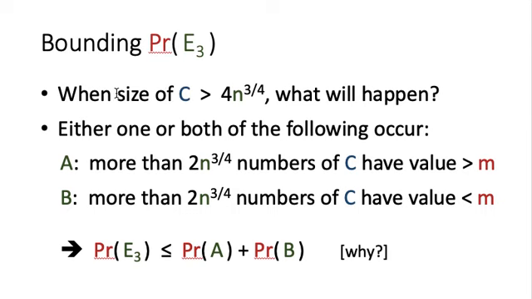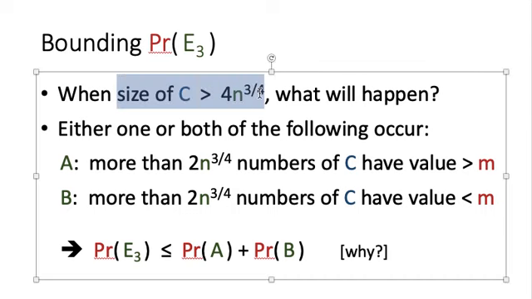Suppose that the size of C is greater than 4n to the power 3/4. When this happens, what will be the consequence? We will see that either one of the following or both will occur.